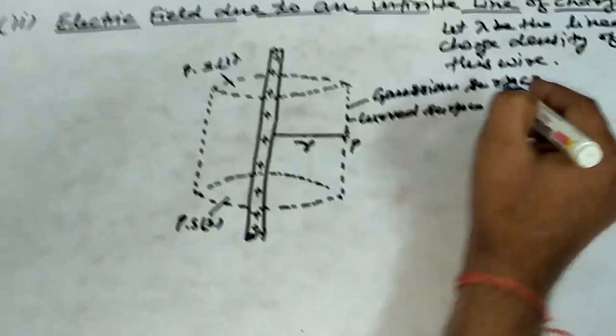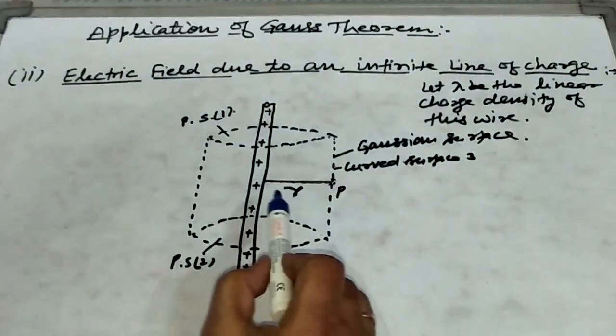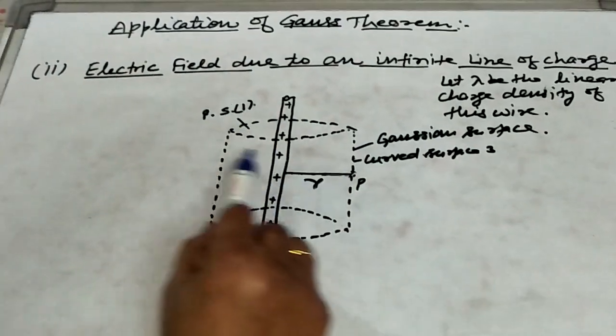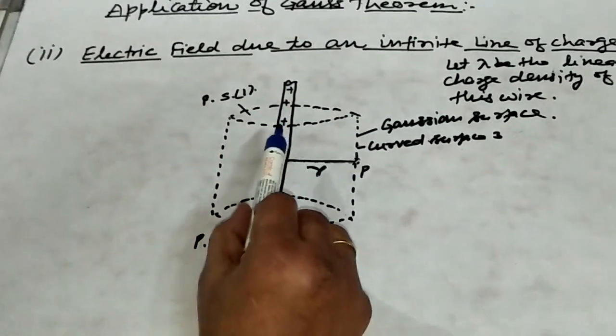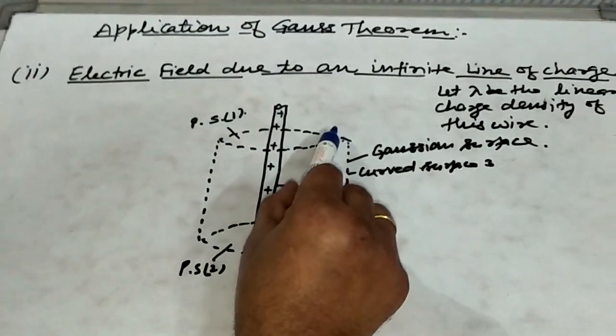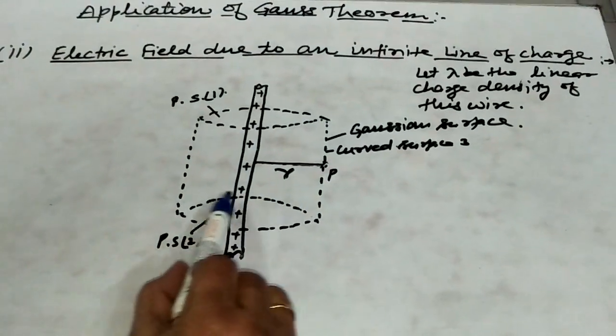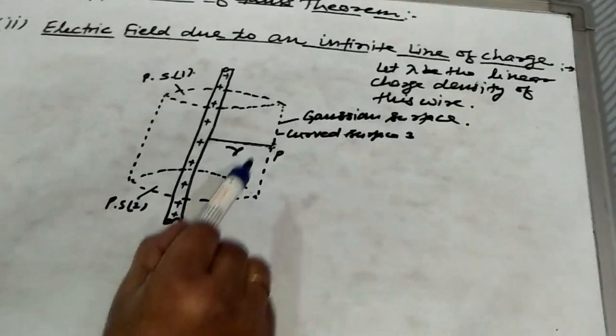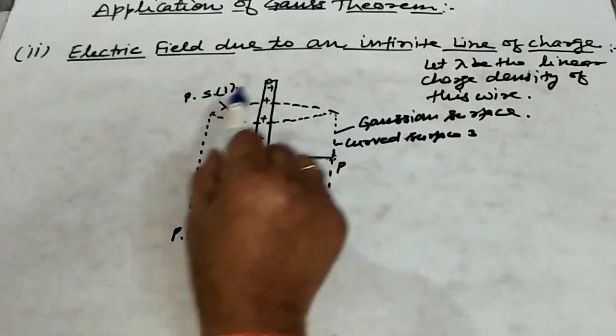It means for finding the total electric flux passing through this whole Gaussian surface, we will find the total electric flux through plane surface 1, plus the total electric flux through plane surface 2, plus the total electric flux through this curved surface.